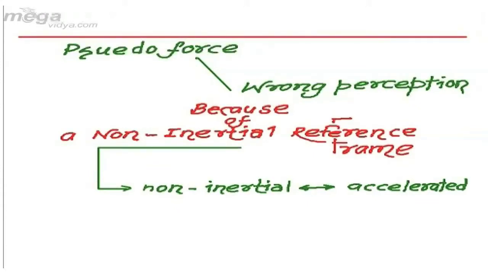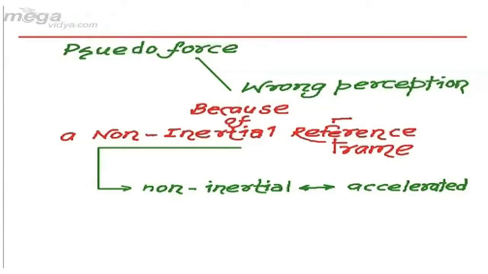And as we have observed the facts about that particular body from an accelerated reference frame, our observation will not be accurate. That observation will have some wrong perception regarding the acceleration of the particle.